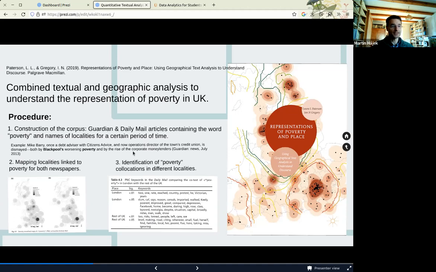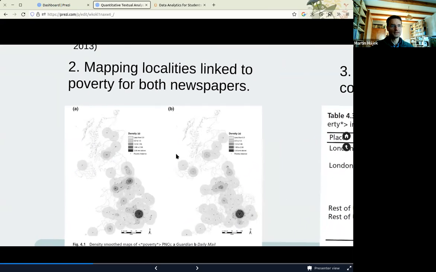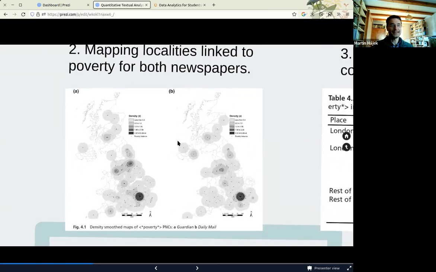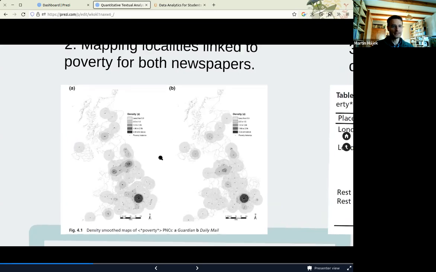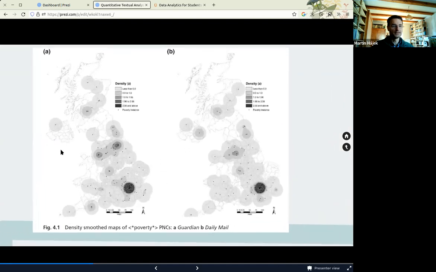And the first result, well, they mapped localities that were linked to poverty, and you can say this is a map of England. The first picture is for Guardian, and the second picture is for Daily Mail.